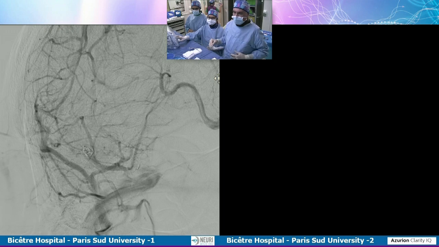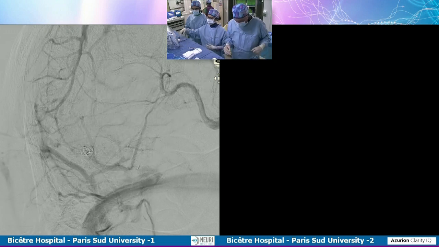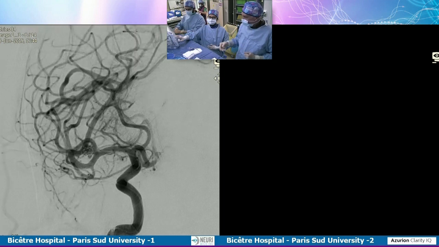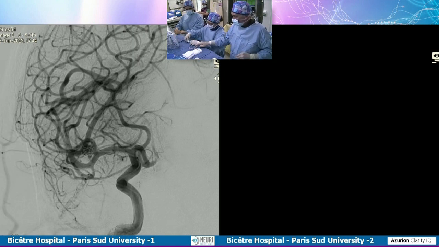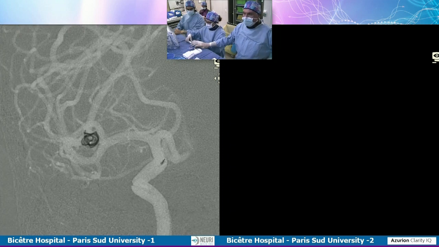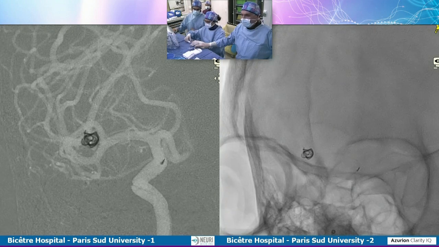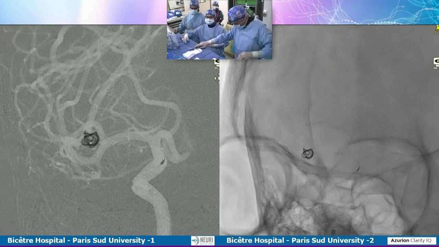So this is a control angiogram after the placement of the first coil. I will show you here the non-subtracted picture at the same time instead of having a black one. So this is the subtracted view.